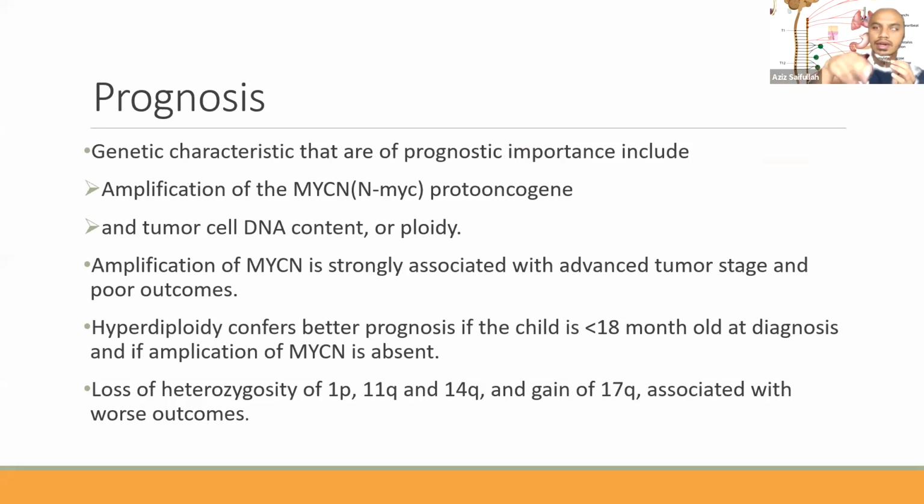All of these things, the patient age, the extent or staging, the genetic amplification of the MYCN proto-oncogene, and the genetic makeup of the tumor cell DNA, are used to evaluate the risk group classification for neuroblastoma. So you can read about this after this.